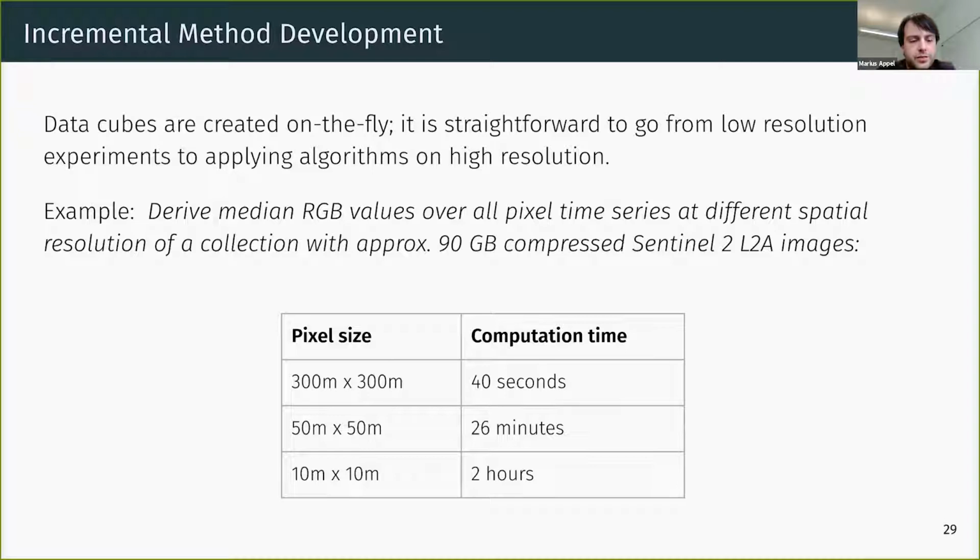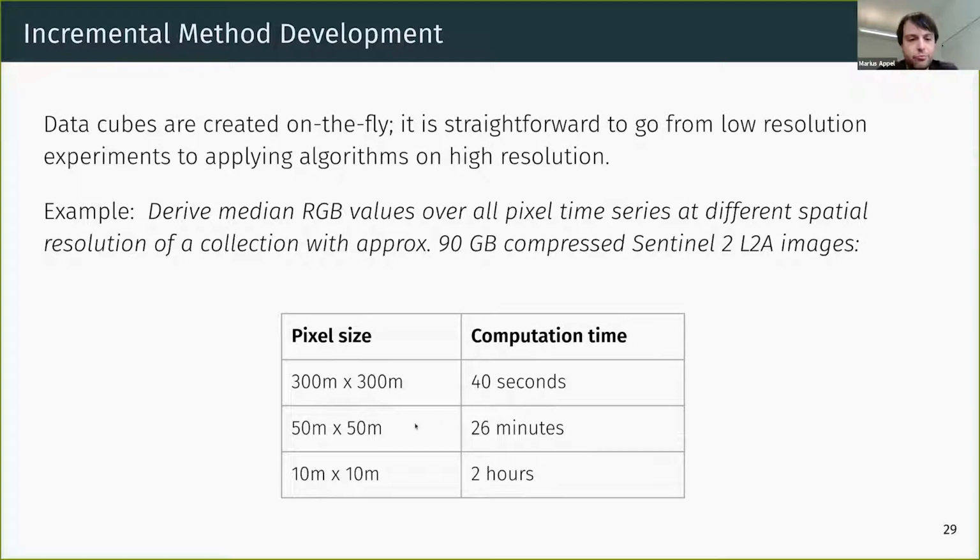So we tried that out and had an example. We used Sentinel-2 data again, approximately 90 gigabytes. And we derived the median RGB values over all pixel time series at different spatial resolution, and then measured the computation time. We started with a pixel size of 300 by 300 meter, and then the computation took 40 seconds, which is, I think, still okay for trying out things and working more or less interactively.